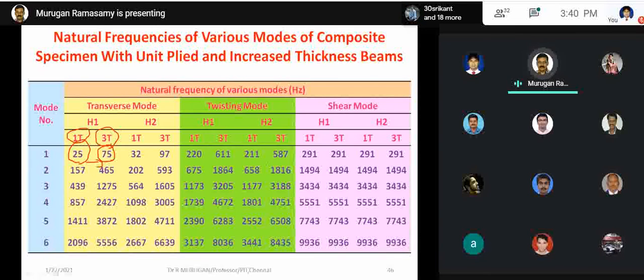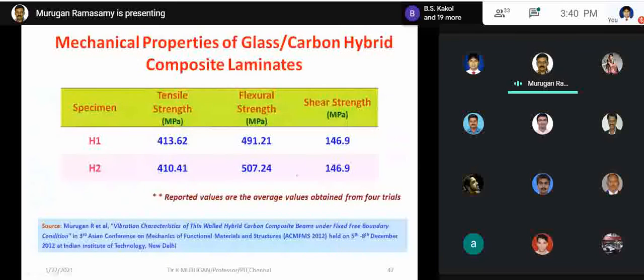But here one interesting finding we have obtained is, for transverse mode and twisting mode, the variation in frequency is occurring for each mode. But in case of shear mode, we don't find any change in frequency. So what is the reason behind this? For that we conducted an interlaminar shear strength study.